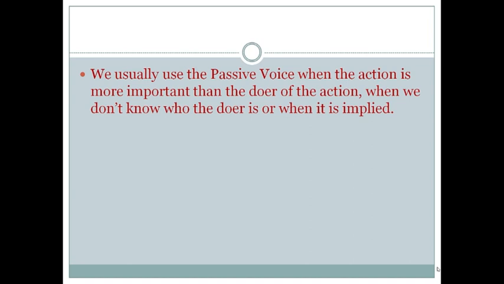We usually use the passive voice when the action is more important than the doer of the action, when we don't know who the doer is, or when it is implied.